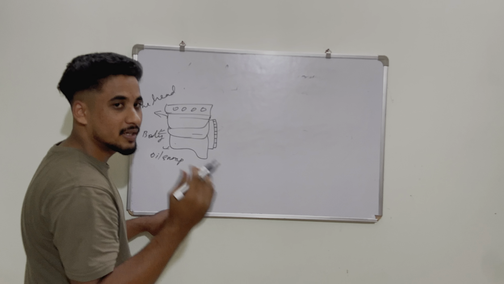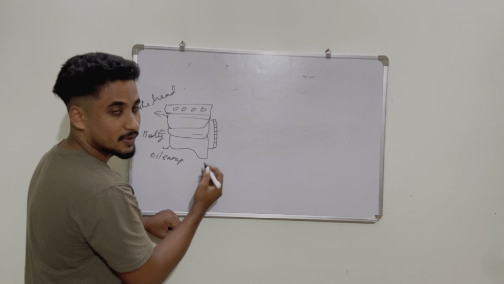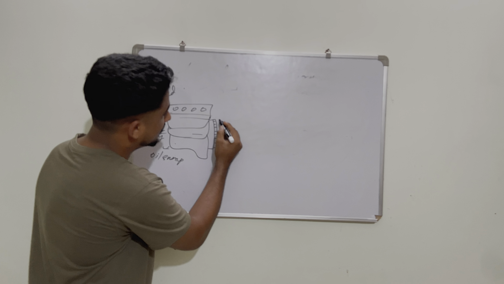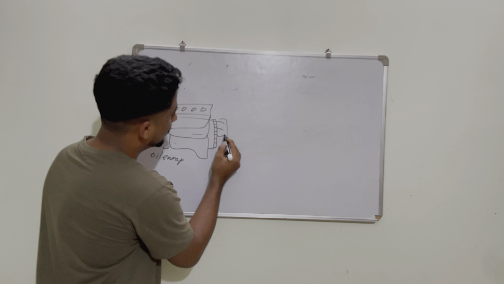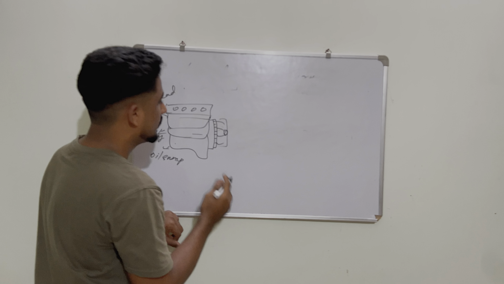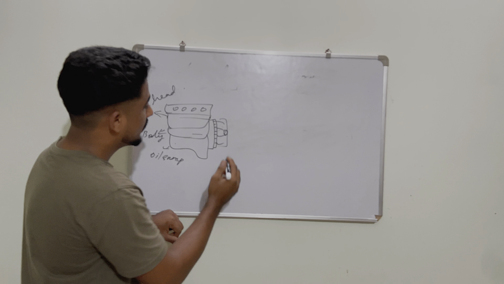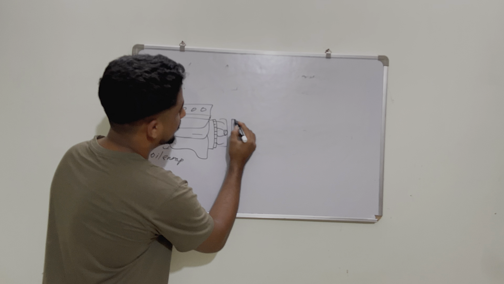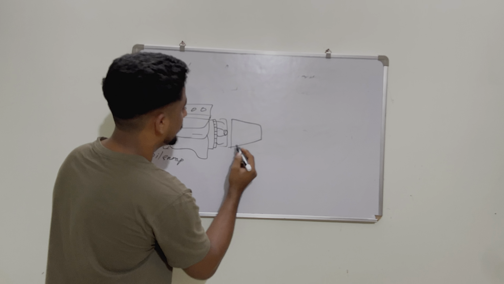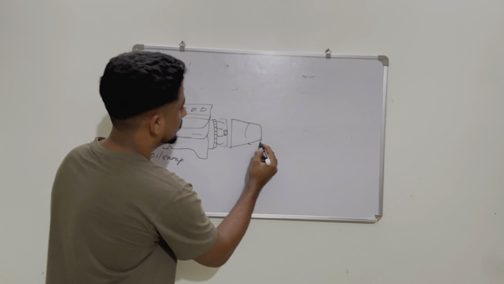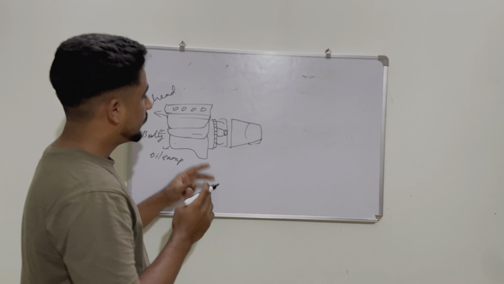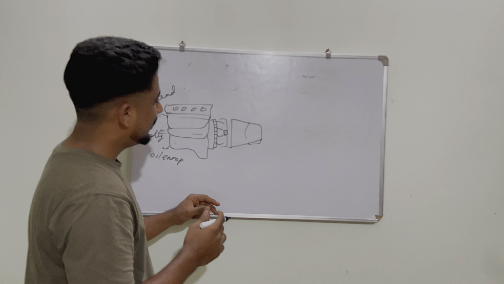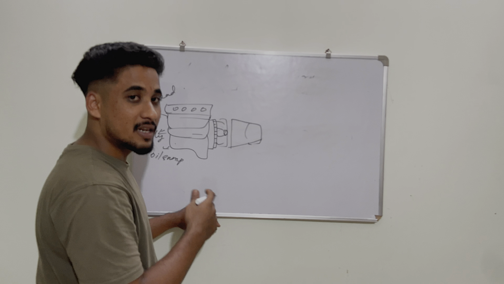The flywheel has some splines on it, so I'm displaying it this way. Then comes the clutch. Suppose this is the clutch. Then here comes the transmission box. Likely we will discuss the front engine rear wheel drive.